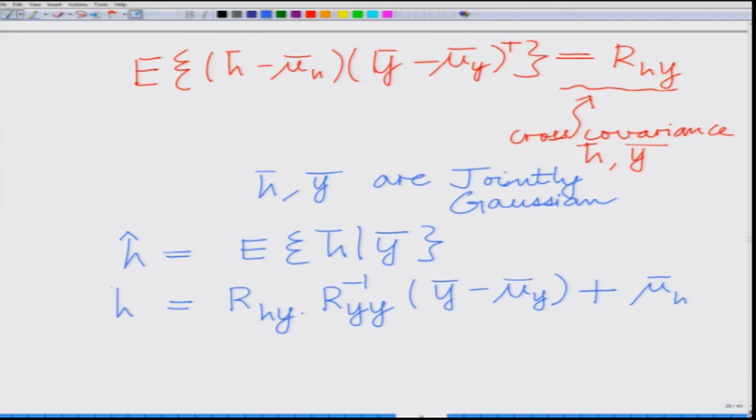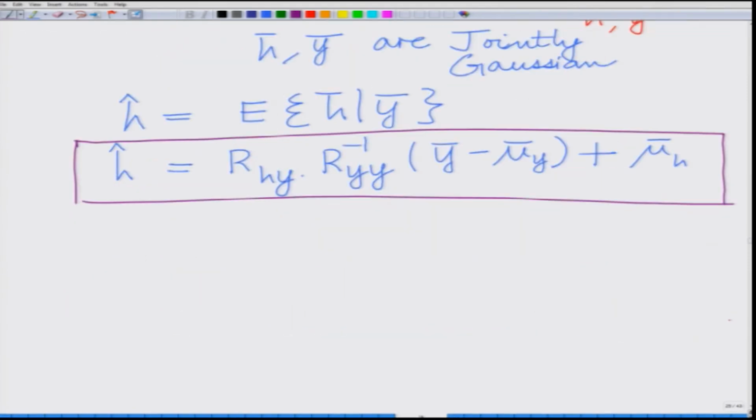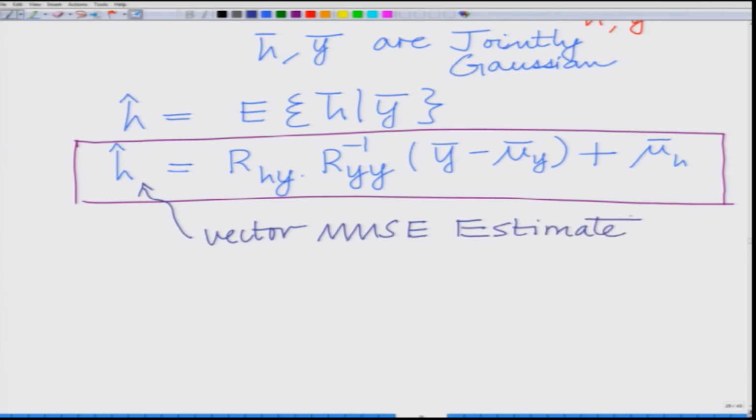This is another important aspect, and of course, the most general. This is the vector MMSE estimate, and also the error covariance.